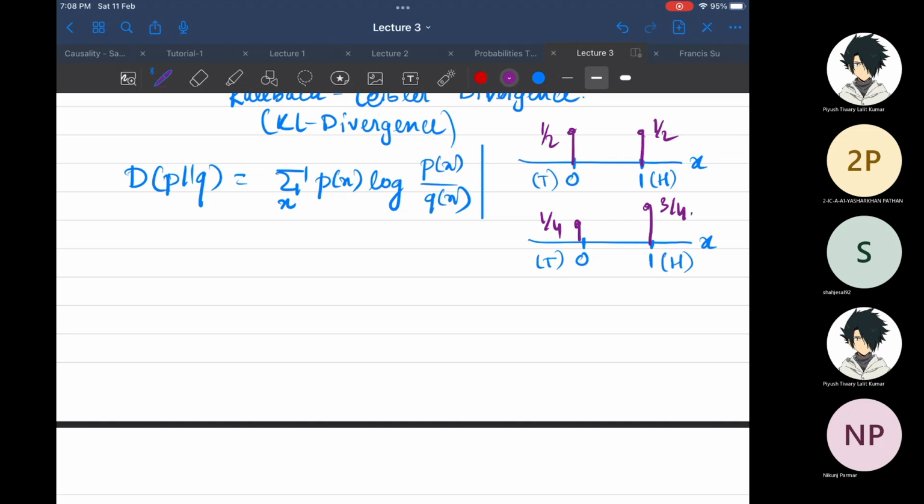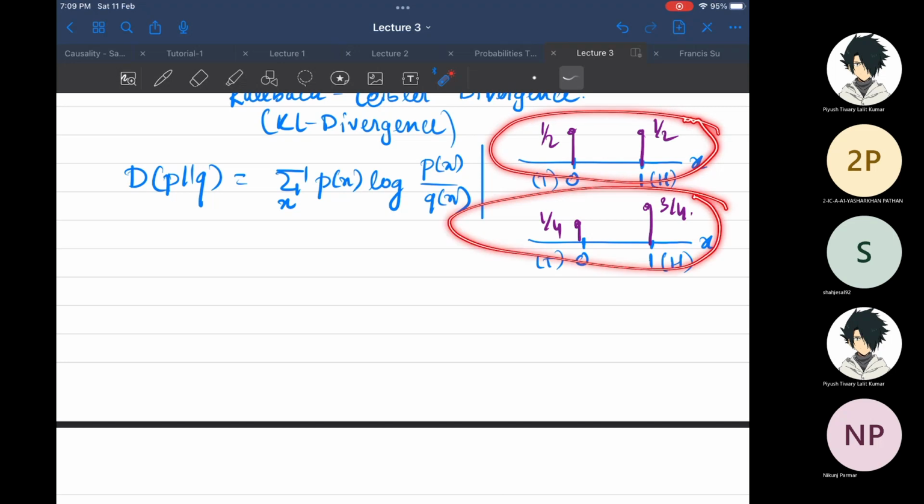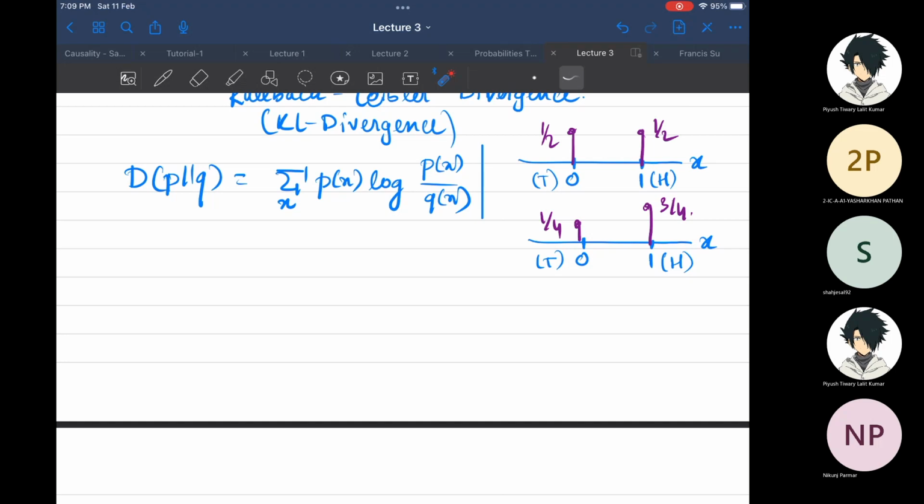So people thought, can we come up with a notion of distance between these two distributions?